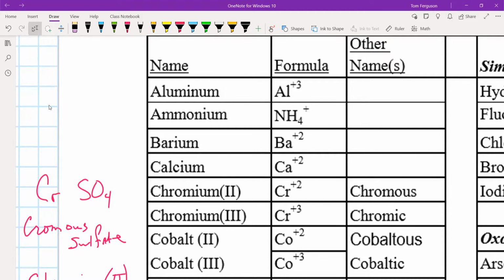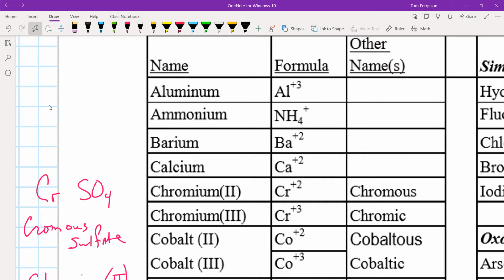That's one of the polyatomic cations. This is a very common ion, like ammonium hydroxide. When you buy ammonia in a jug at the market, it's ammonium hydroxide. So it's NH4OH.